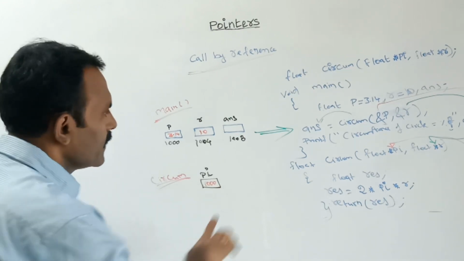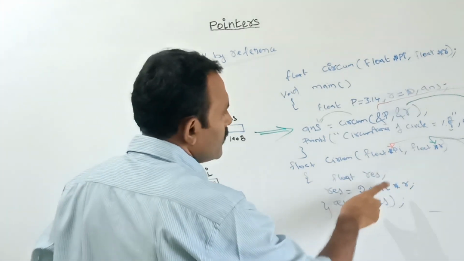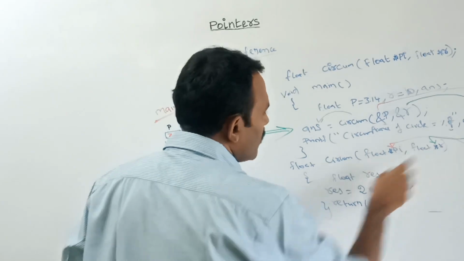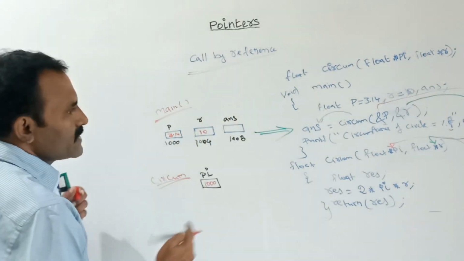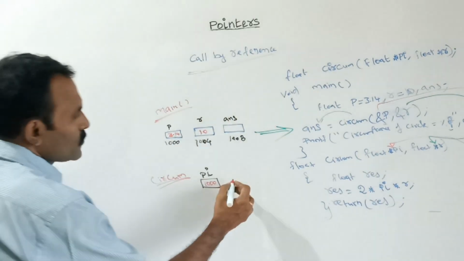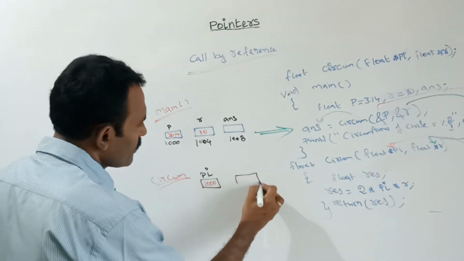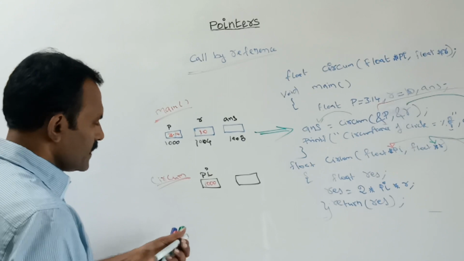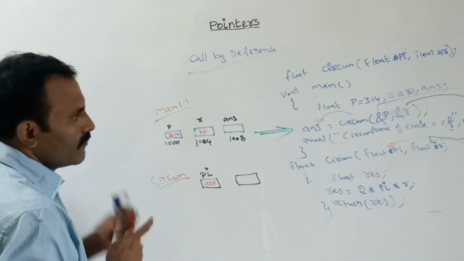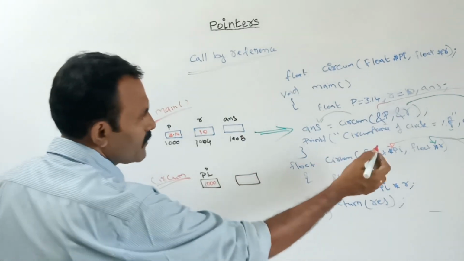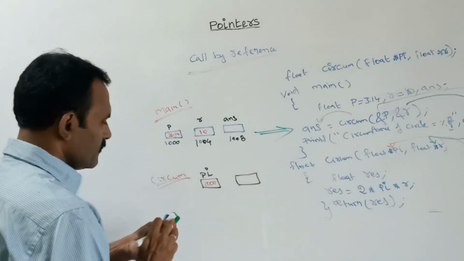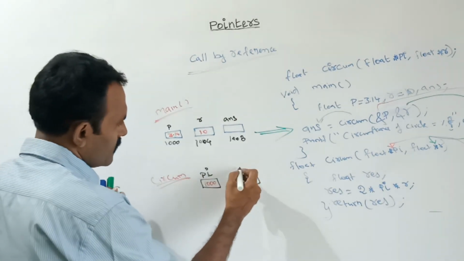Next, float *r. This is also a pointer variable, so it allocates memory for the pointer variable. The pointer variable name is r.